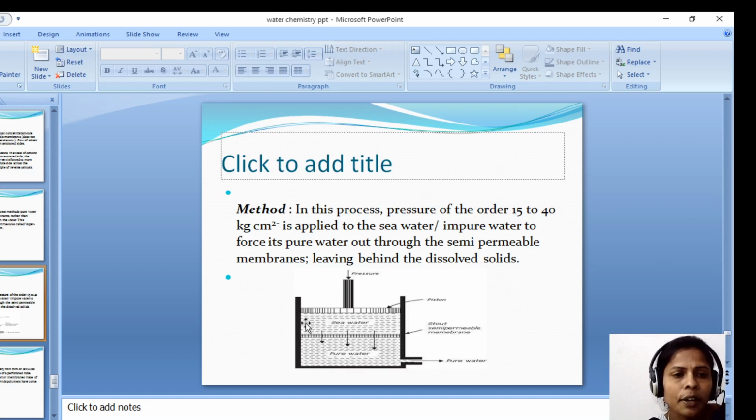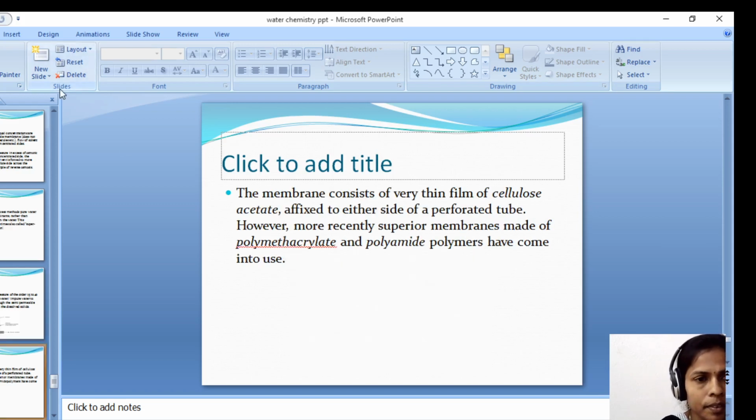Like that we can separate all the impurities and collect the pure water. Now this is the outlet to collect the pure water, leaving behind the dissolved solids. Dissolved solids are nothing but the contaminants, the impurities.